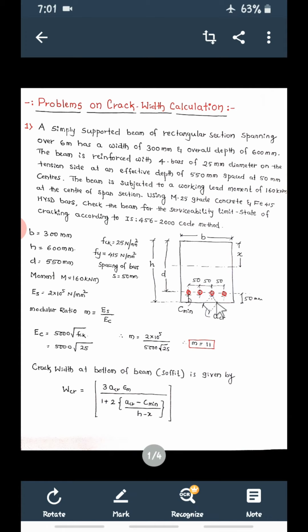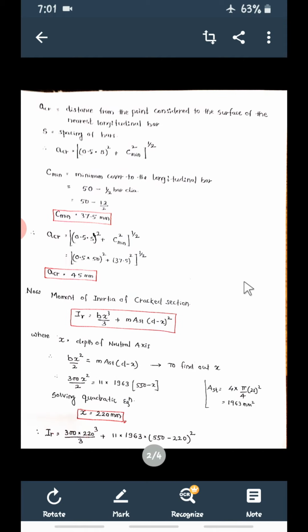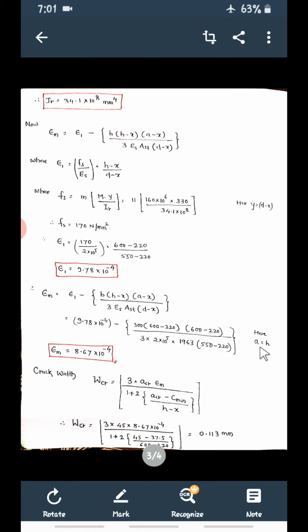So crack width at the bottom, a means from the top to the bottom of the beam. In this case, a is equal to h, so we substitute 600. So calculate this, epsilon m is 8.67 into 10 raised to minus 4. This epsilon m we have got.